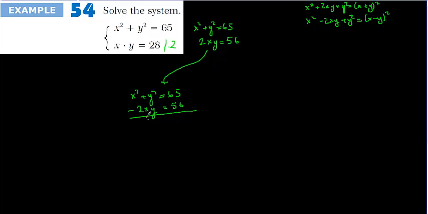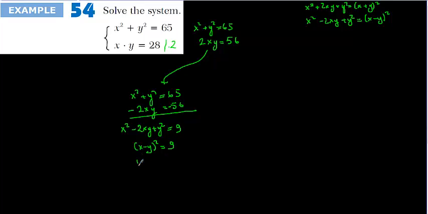When you subtract all the rows, it's going to be x squared minus 2xy plus y squared is equal to 65 minus 12, it's going to be equal to 53. So x minus y squared is equal to 9.